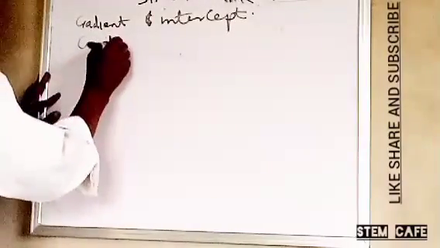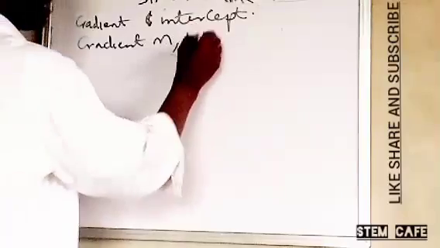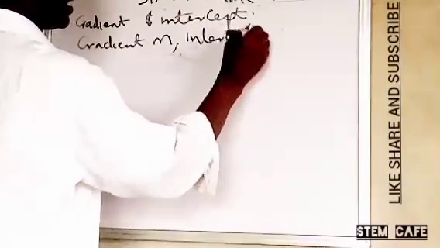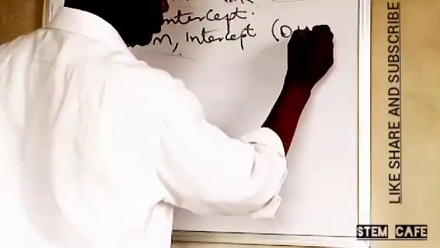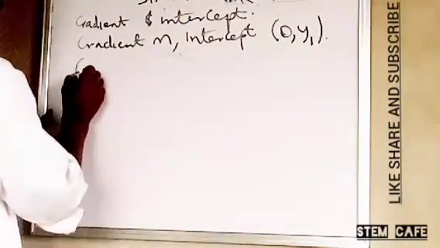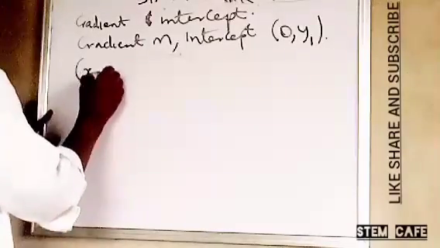Now, let's say we are given gradient n and intercepts. Let's say we are given the one on the y-axis, that is 0, y1, or on the x-axis, x2, 0.